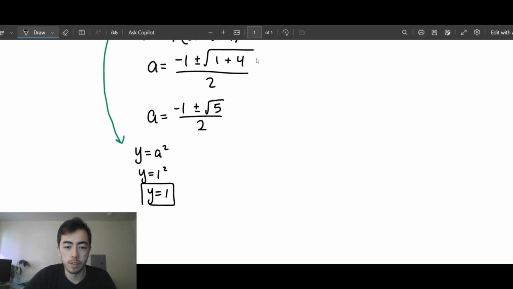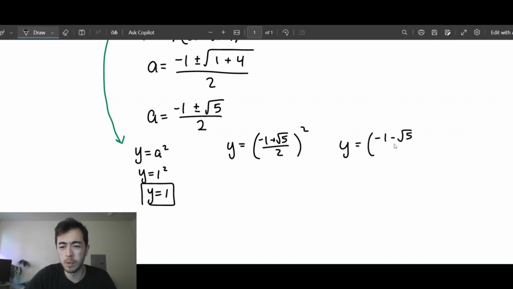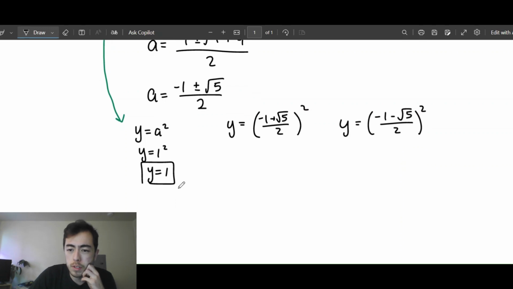Let's just try it both ways and see what happens. So again, y is equal to a squared. So I'll square the positive version, and then I'll also try squaring the negative version, and I'll just see what happens. Actually, these might produce different values. We'll just see.